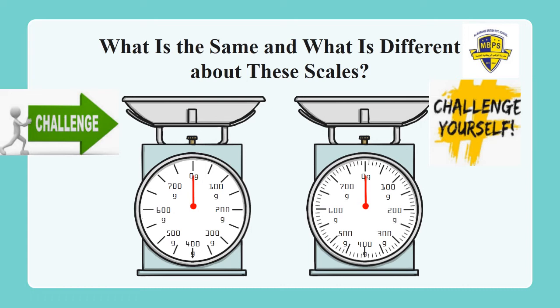Excellent. The difference is in the extra lines between the numbers. In the first one, there is only one extra line between 0 and 100 and one extra line between 100 and 200. So what do you think about this line? This represents what?